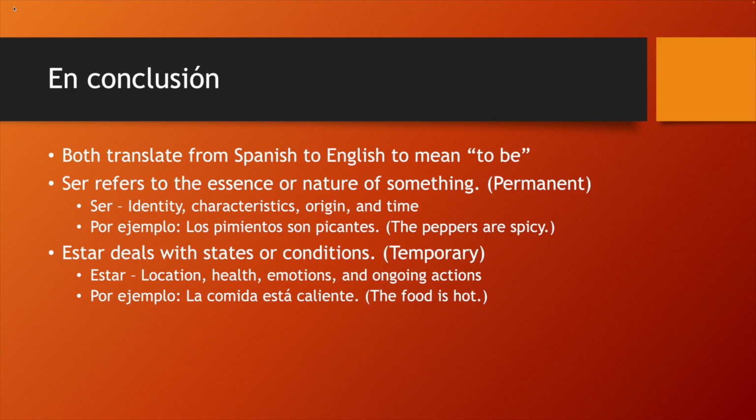For ejemplo, la comida está caliente. The food is hot. Now this means temperature hot right now. However, if you leave it out at room temperature, or you put it in the fridge, it will cool down. So it being hot is a temporary condition. While something being spicy, such as los pimientos son picantes, they are inherently spicy. That's not very temporary.